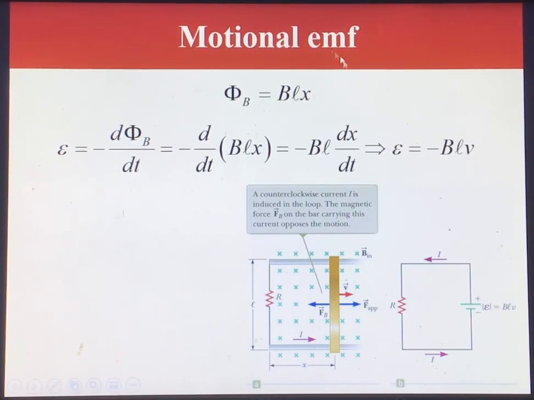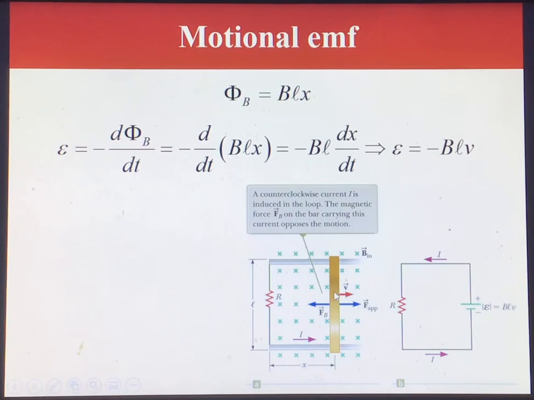For the most part, you don't need to really worry about the derivation of this equation, but you need to understand exactly how to use these equations to solve problems. So the motional EMF can be represented by this equivalent circuit right here. You have the induced current.